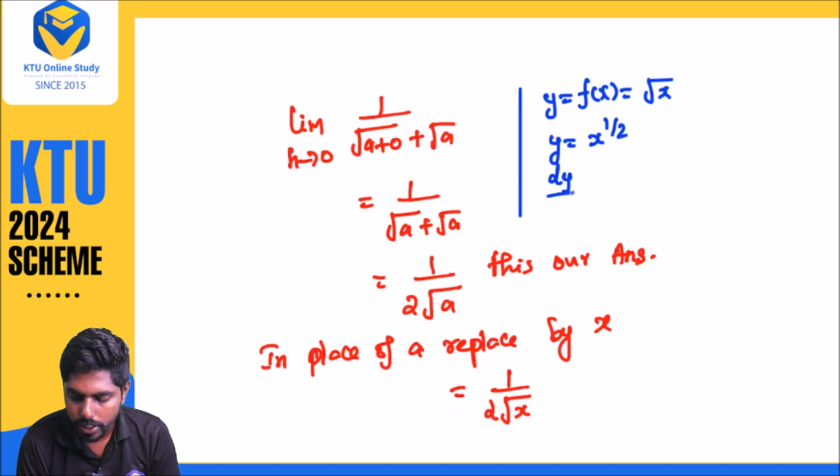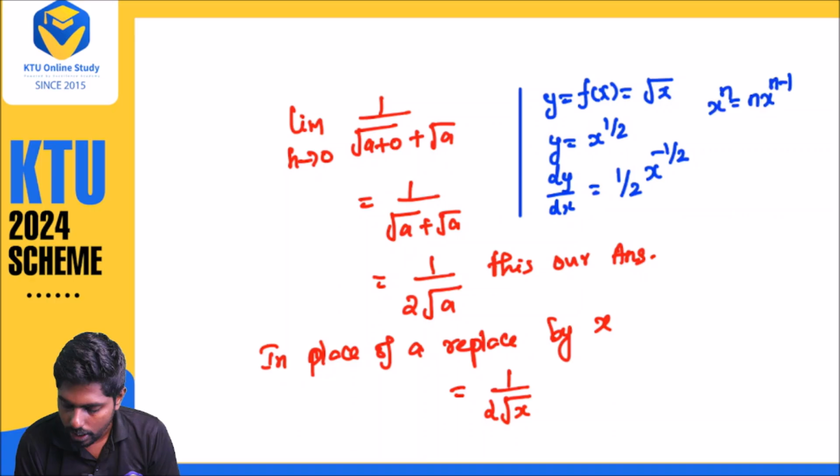So dy by dx is 1 by 2 times x power minus 1 by 2. We know the formula: the derivative of x power n is n times x power n minus 1. Using that we have identified this value, which we can write as 1 by 2 root of x.